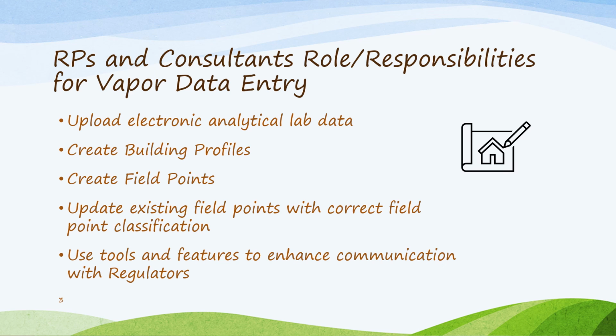RPs and consultants can also go back in and update existing field points with the correct field point classifications, for example changing from a vapor sample to, say, an indoor air sample. Overall, you can use those tools and features in GeoTracker to enhance our communication with our regulators.